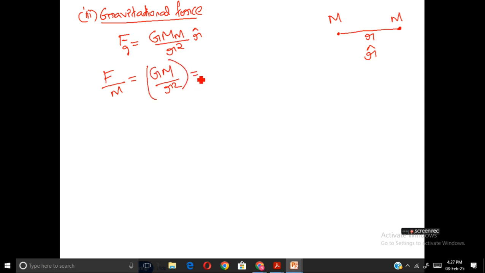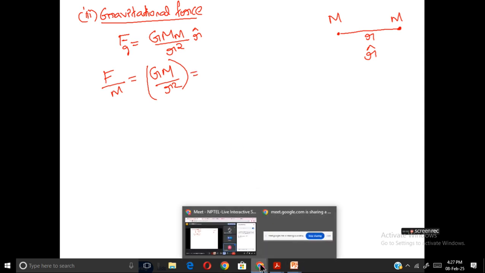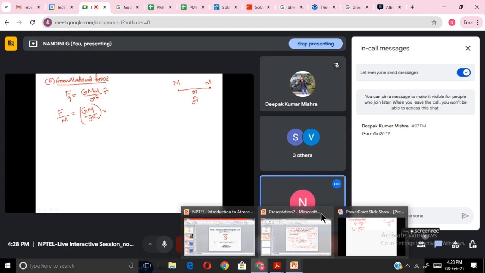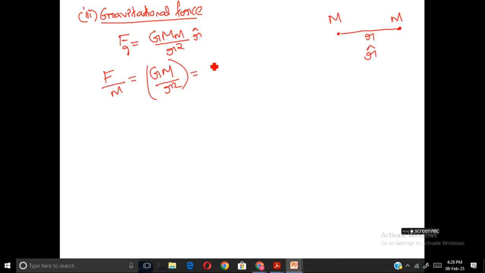What is GM by r square? GM by r square will be g, the acceleration due to gravity that we are considering.